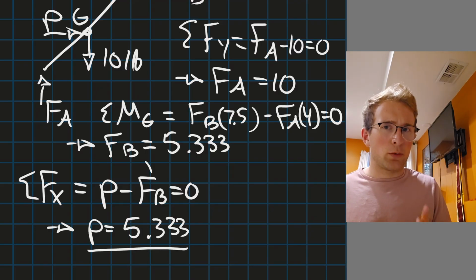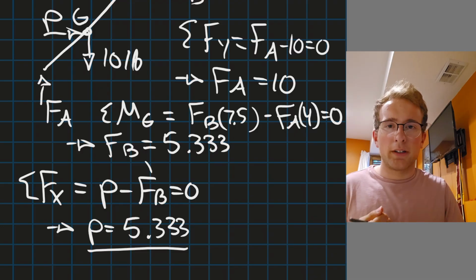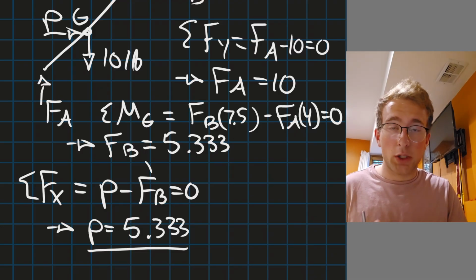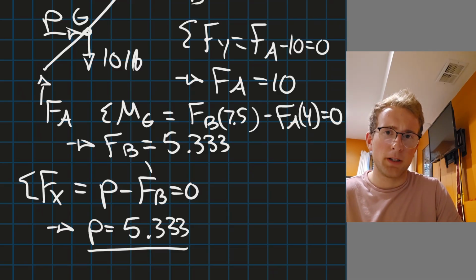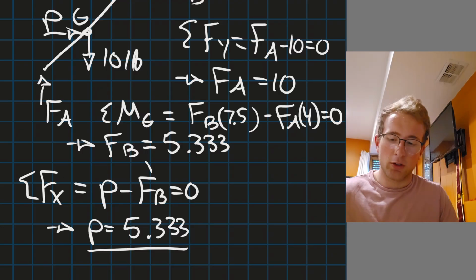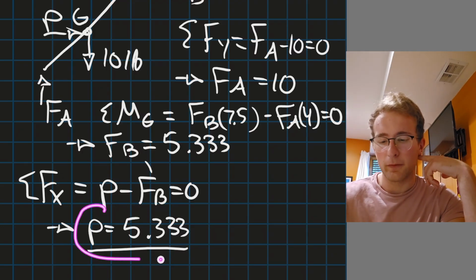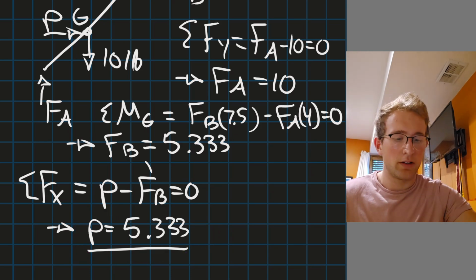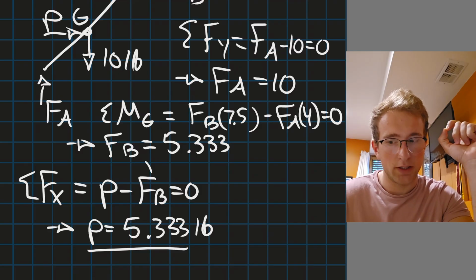This is not my answer for the problem, okay? This is P such that the ladder is in equilibrium if there is no friction, okay? But in this problem, there is friction. So we can actually go lower than this, right? Maybe P can equal 4 pounds, and the ladder will still be in equilibrium because there's friction, right?